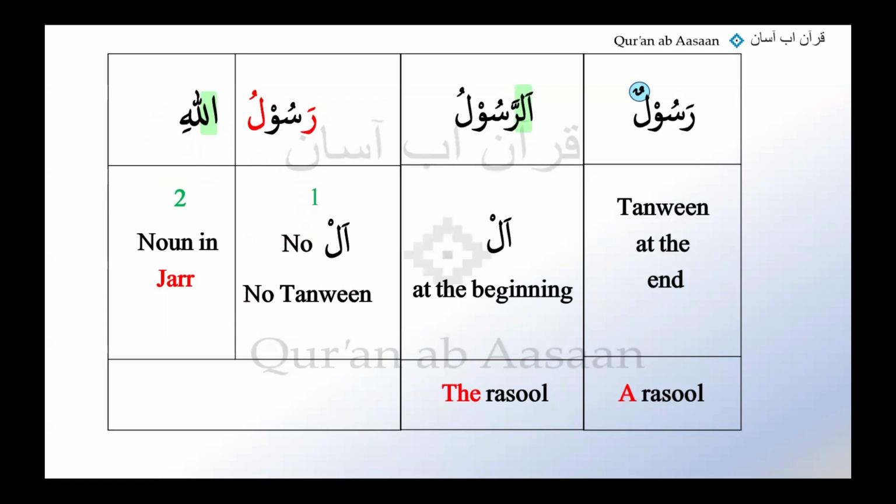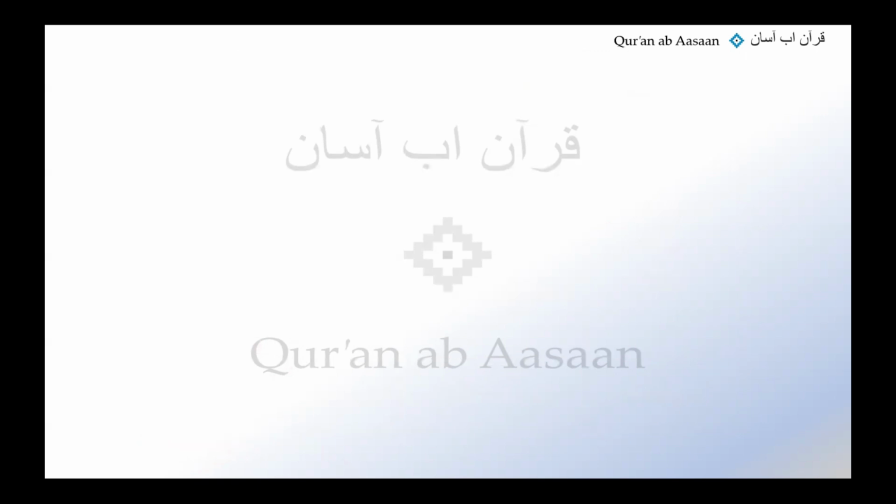We translate it as Allah's Rasul. The noun Rasulu is related to Allahi. Okay, clear to everyone? We'll do more examples, inshallah, and you'll see that this relationship can exist with some other nouns as well. All right, let's have a look at this one.